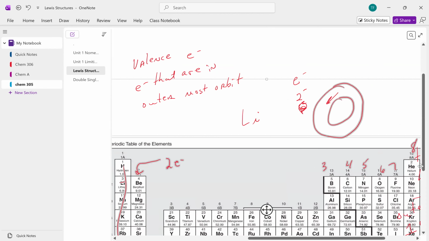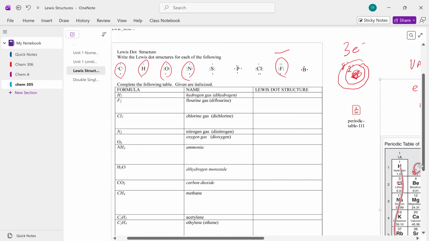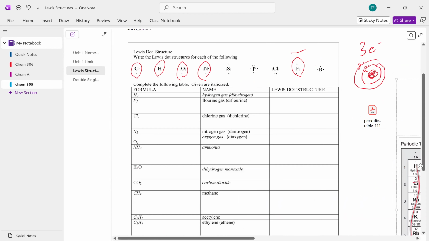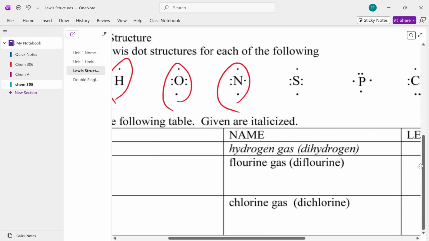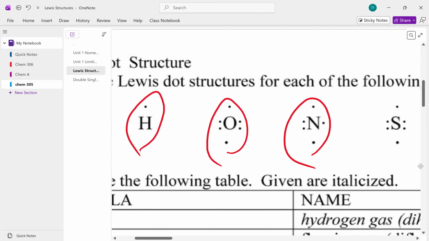See here. So these are at the top of the columns. So carbon's got 4, hydrogen has 1, oxygen has 6. However, what's important about oxygen is it has a different setup.